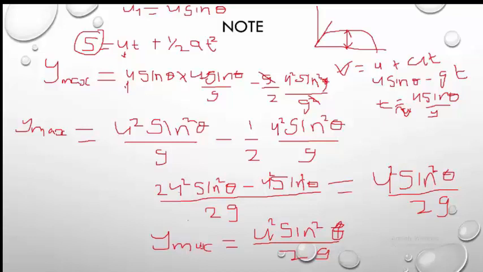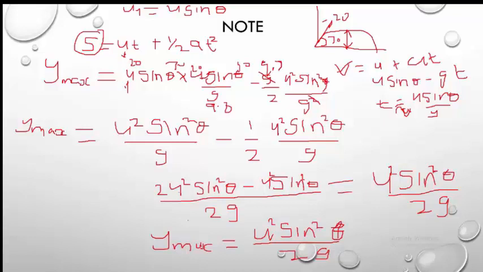Let's say we are given u here to be 20 and this theta to be 30. Just put in this place 20 sine 30 degrees, then times 20 sine 30 degrees over 9.8, then minus this, since we have half gt squared, this will be 9.8 over 2.